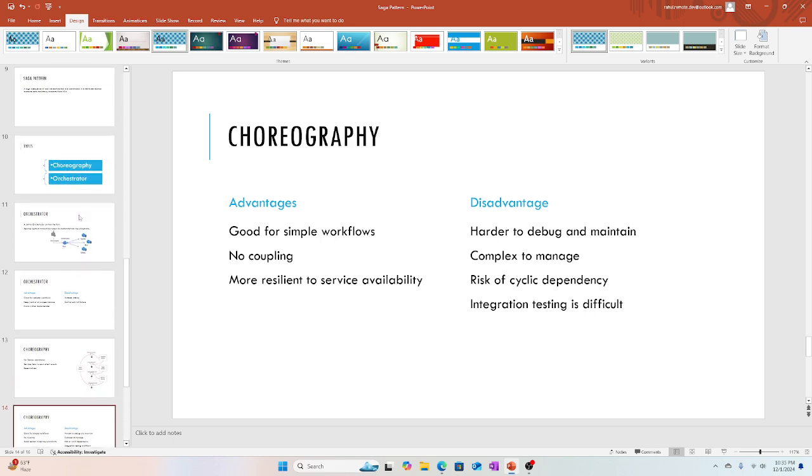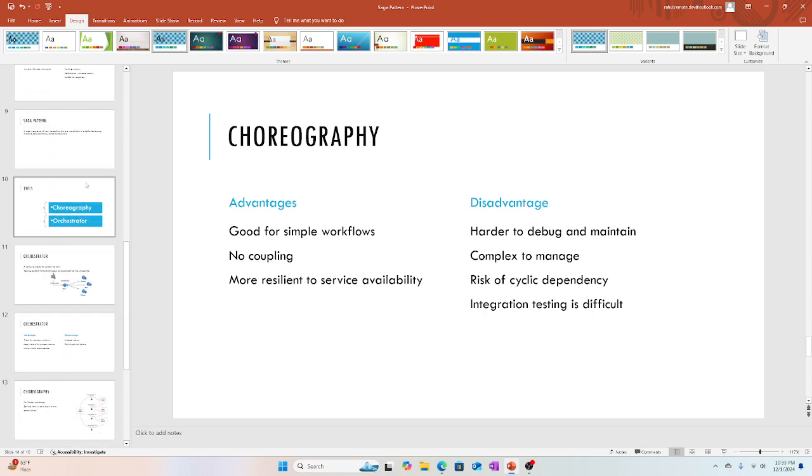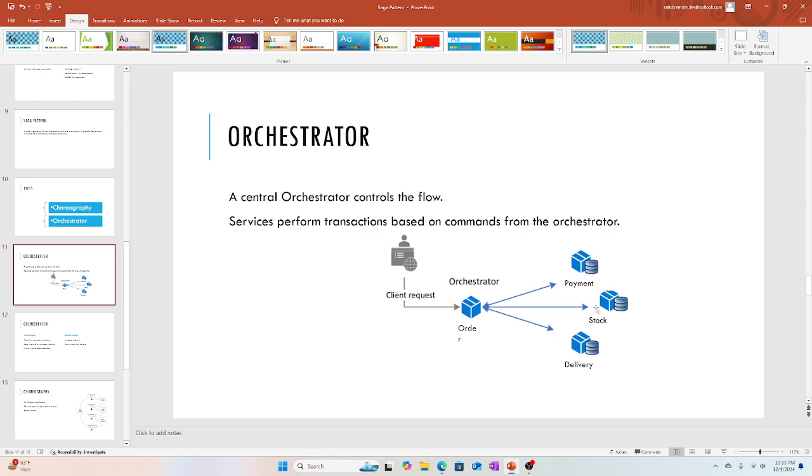So there are a few things that we need to keep in mind while implementing the saga pattern. There could be a case where one service goes down. Let's suppose a client sends an order, and that order lands on the order service, and this service is going to communicate with other services: payment, stock and delivery.